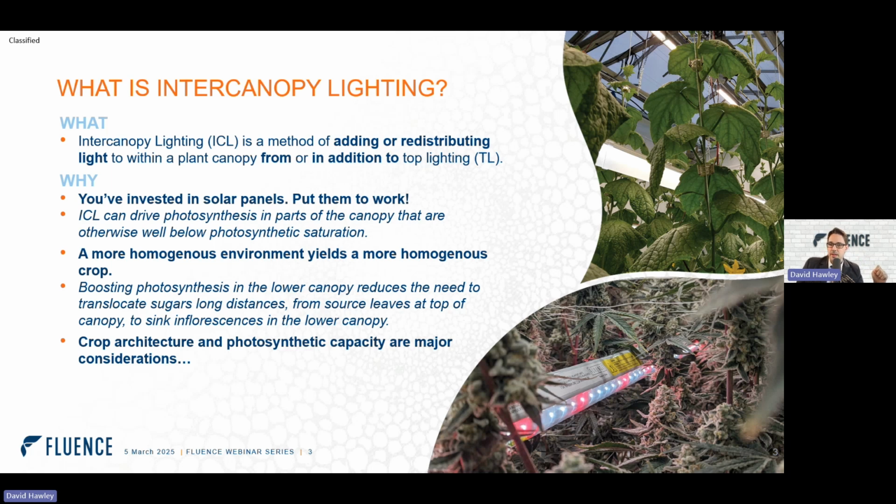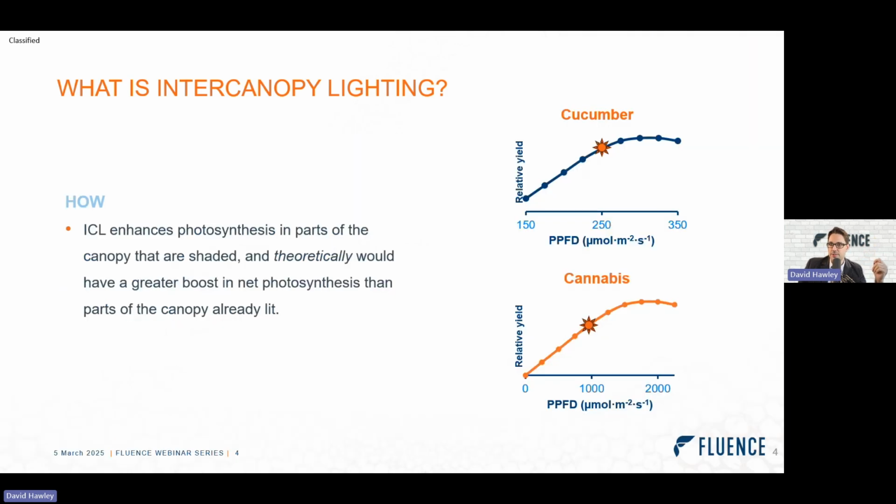Not a problem. Okay, so to recap, cannabis might not necessarily respond to intercanopy light in the same way that we see with these high wire vine crops like tomato and cucumber. Let me put that a different way. If we look at these graphs here, the top right is the photosynthetic response curve of cucumber. On the x-axis is PPFD, or light intensity.